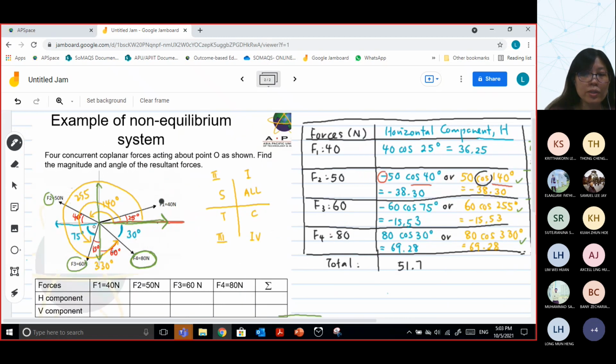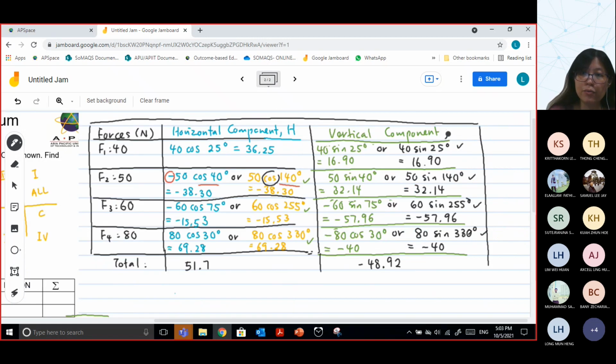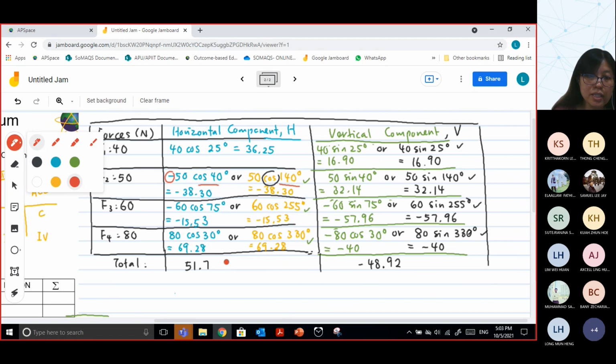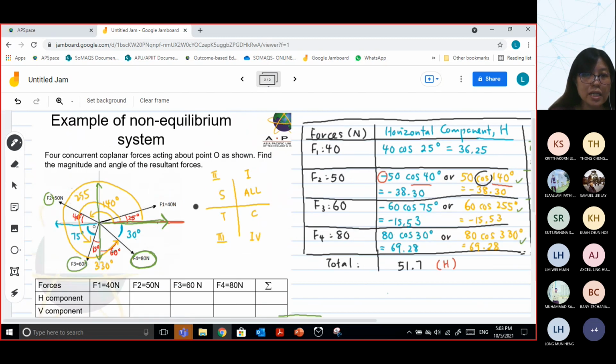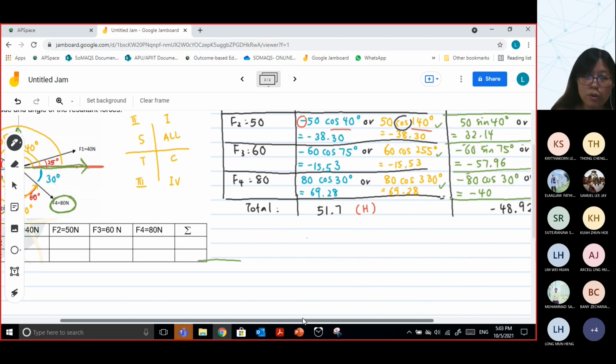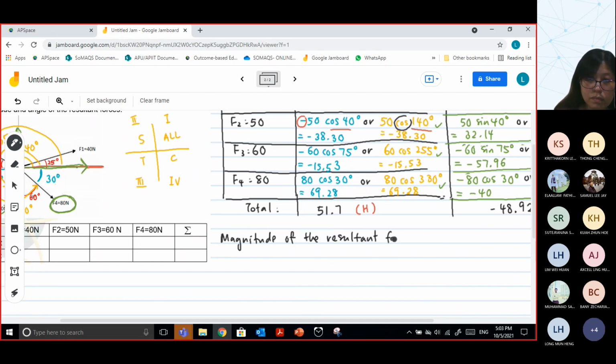Then the next is to get the magnitude. So this one is V, and what you have here, this one is H, this one is V. Next you need to calculate the magnitude of the resultant vector, the resultant force. So the magnitude R equals the square root of H squared plus V squared.